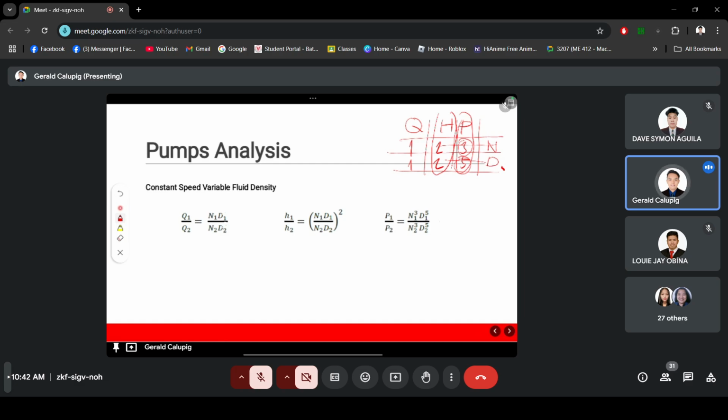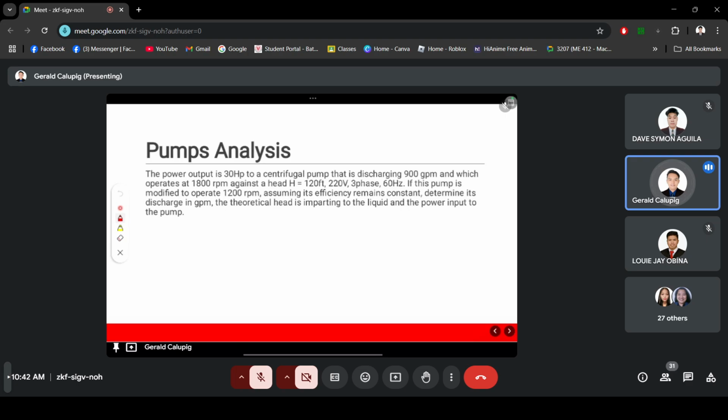Okay? We can have our problem here. Pump analysis, no? The power output is 30 HP to a centrifugal pump that is discharging 900 GPM and which operates at 1,800 RPM against a head of 120 feet, 220 volts, three phase, 60 hertz.